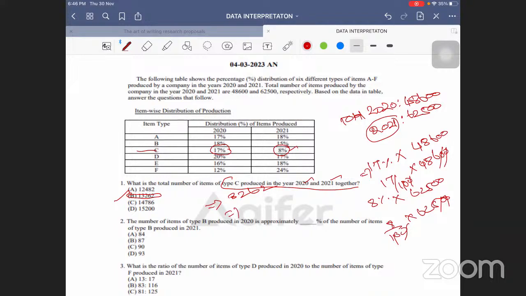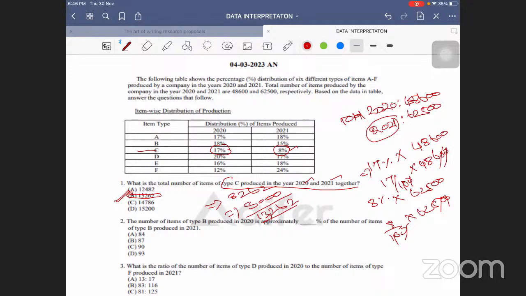What is 625 times 8? Around 5,000. So total 8262 and 5,000 is 13,262. So this is B. The answer is B. Is it clear how to solve this kind of question?